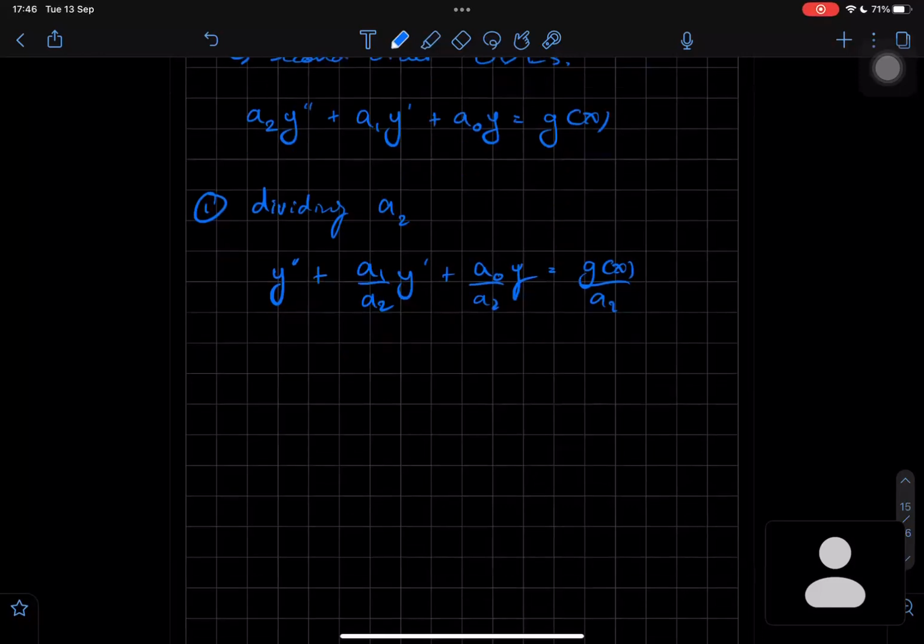You can change it to y prime plus P of x y plus Q of x, like this.